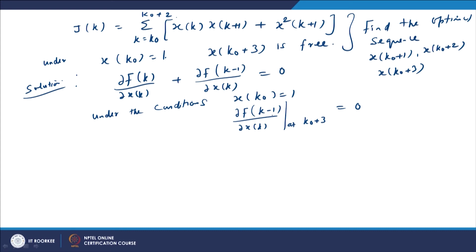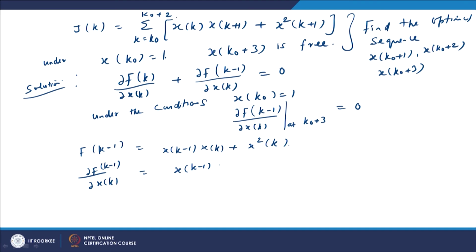So, del f: if you write k minus 1, that term is nothing but x of k minus 1 x of k plus x square of k. We differentiate with respect to del x of k. That gives x of k minus 1 plus 2 times x of k.